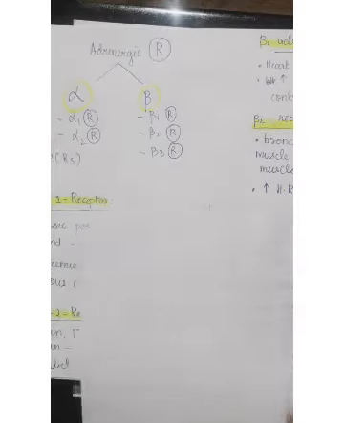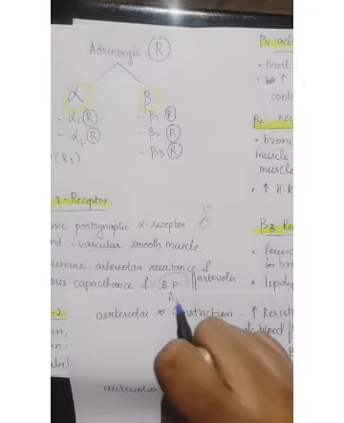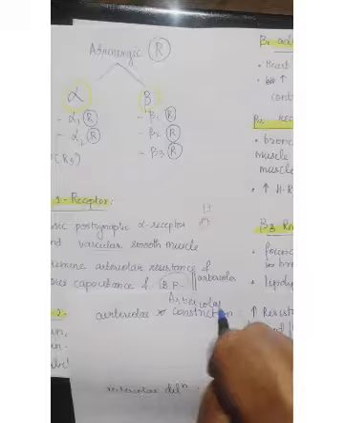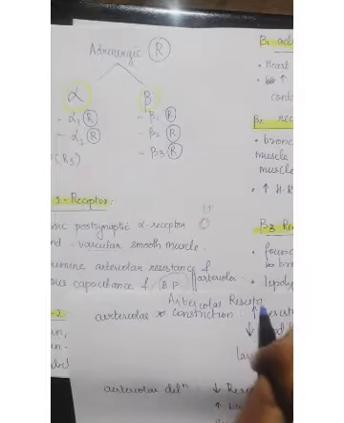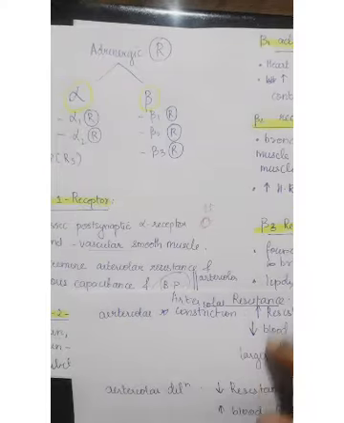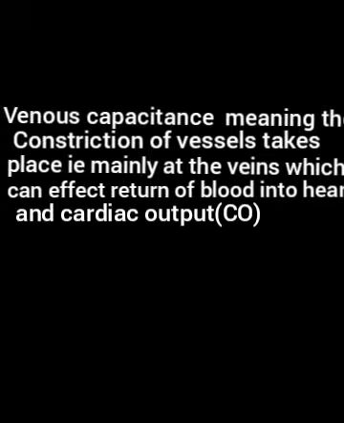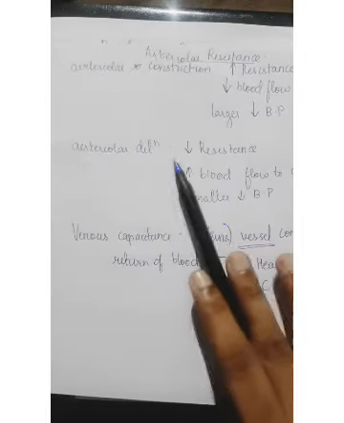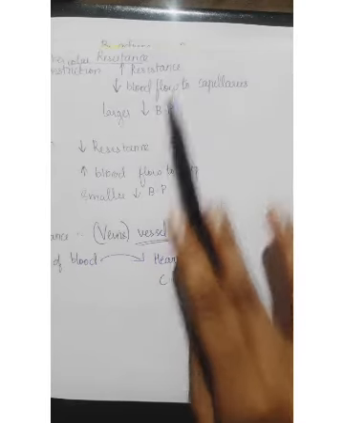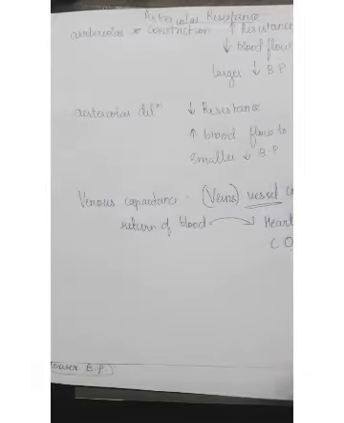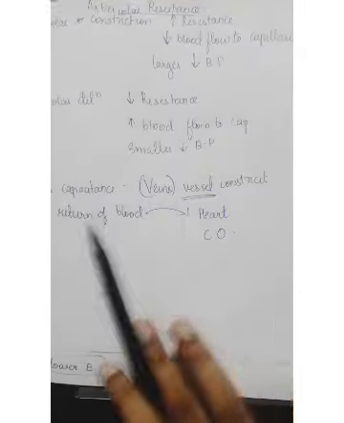I hope you understand arterial constriction, with increase in resistance, and arterial dilation. And I think you have understood the venous capacitance as well.